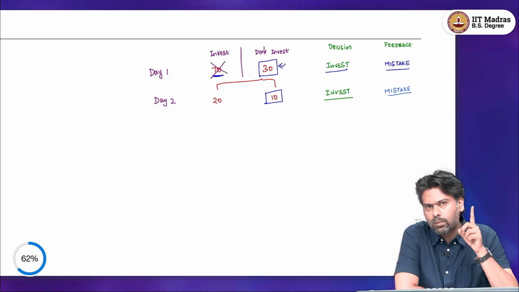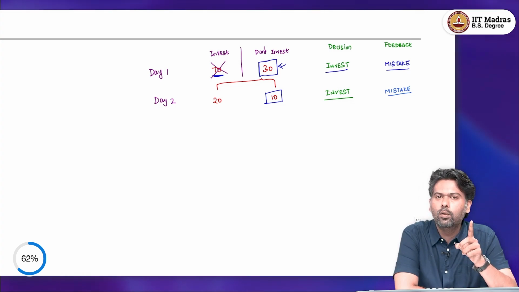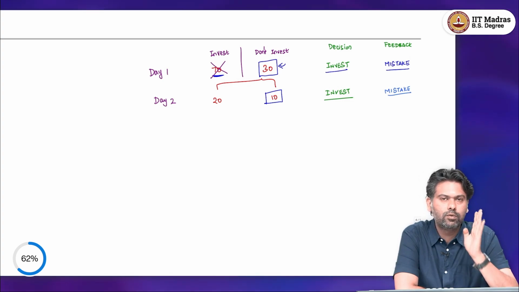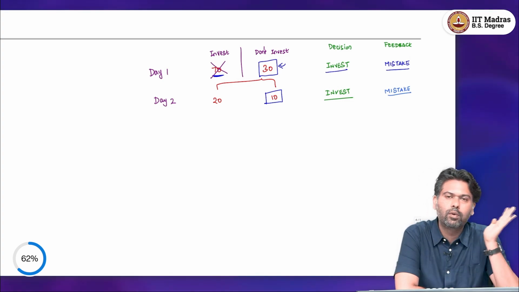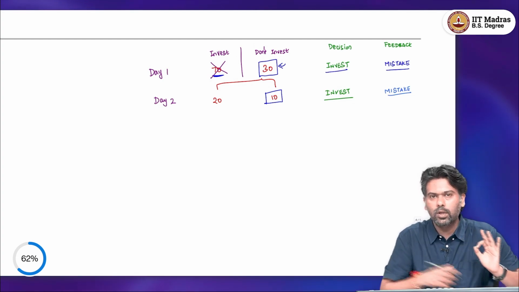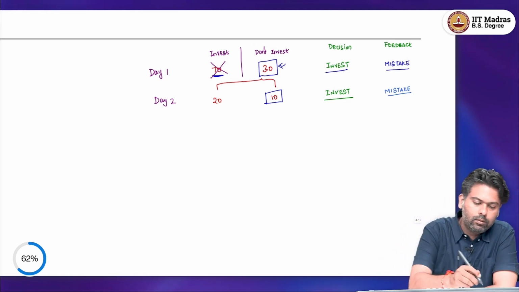And the moment that set becomes a single person, I know that that single person has to be the stock market guru. And so, I will just follow that single person from that point onwards, and I will never make a mistake any further. So, that is the algorithm that we are going to follow.